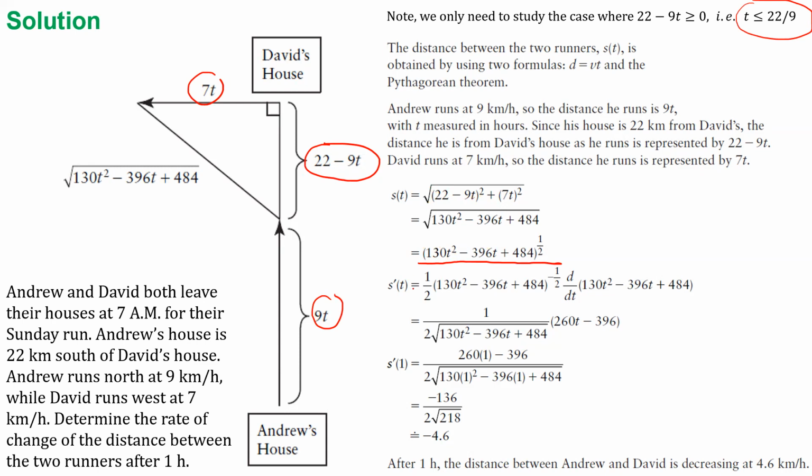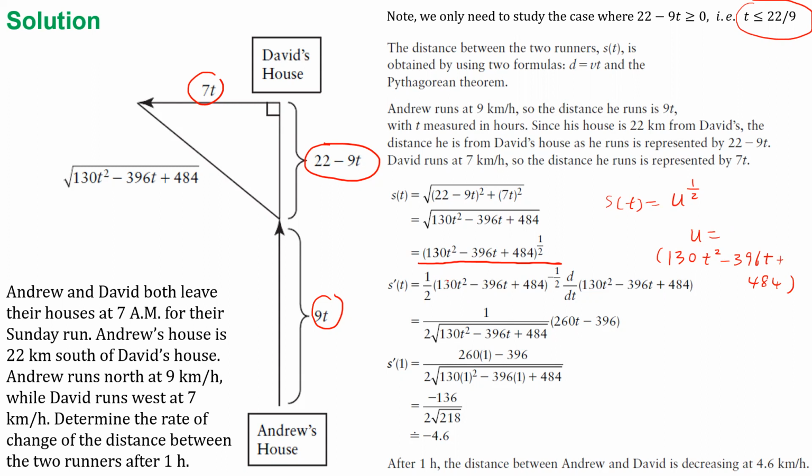Then we can find the derivative of S(t). So note here, this is a composite function, right? So actually S(t) equals u to the power of 1 over 2, and u equals 130t squared minus 396t plus 484, right? This is a composite function.